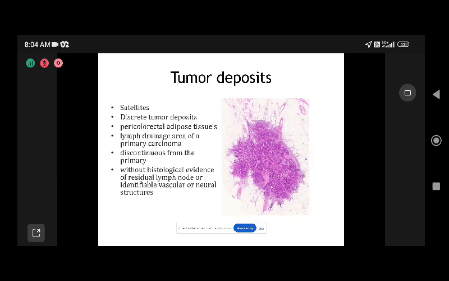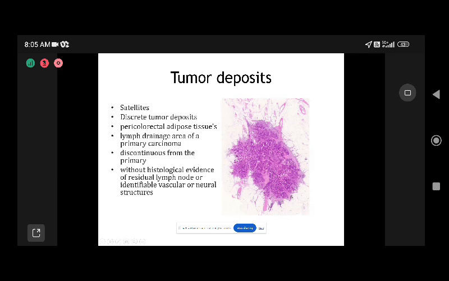So first of all, when do we call it a tumor deposit? It is when we find a discrete, separate tumor nodule, which is usually irregular. It is in the colorectal adipose tissue, in the lymphatic drainage of the primary cancer, and it is discontinuous from the primary tumor. It does not show any lymph node, so you can't see any lymphoid tissue. You don't see a lymph node capsule.